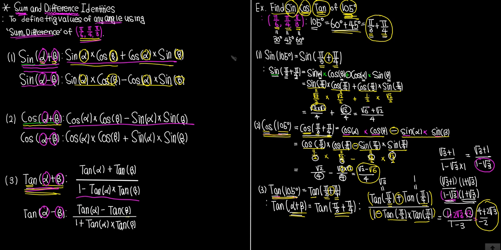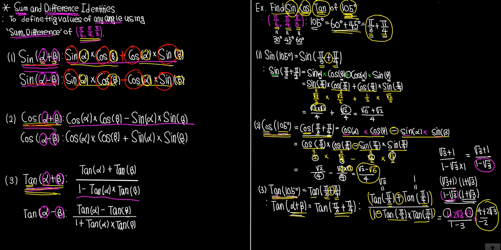To memorize sine, we use how it is pronounced: sine cosine, cosine sine. For sine of alpha minus beta, it is the same pattern, except when it is sine of alpha plus beta, the two expressions will be plus, and when it's sine of alpha minus beta, it will be negative.